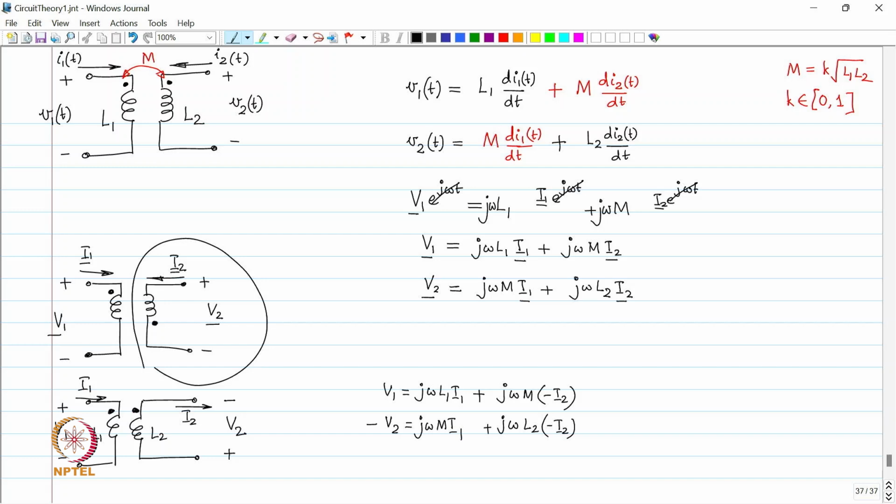Okay. Effectively, what you have got is V 1 is equal to j omega L 1 I 1 minus j omega m I 2 and V 2 is equal to minus j omega m I 1 plus j omega L 2 I 2.